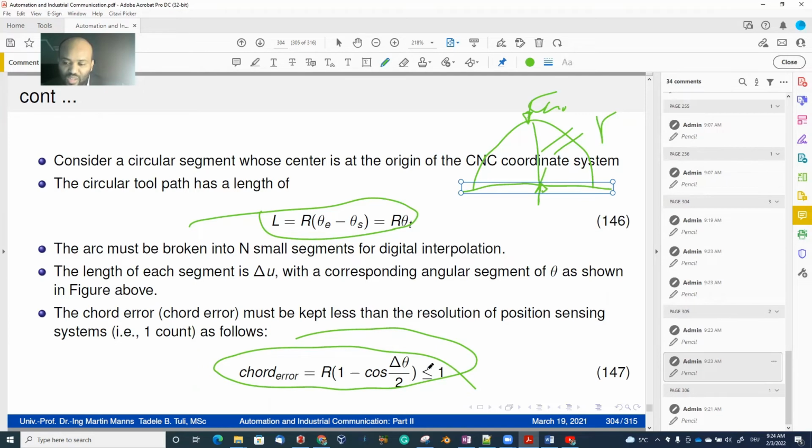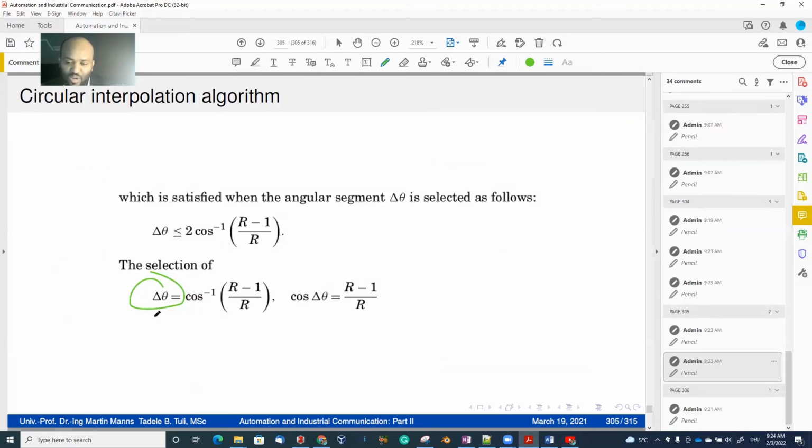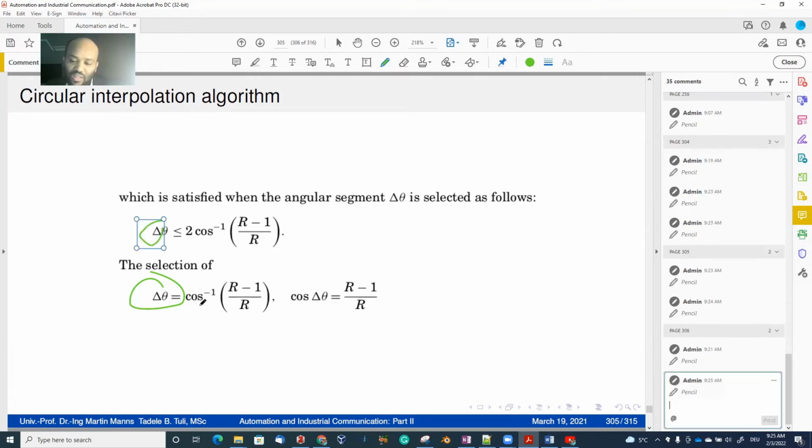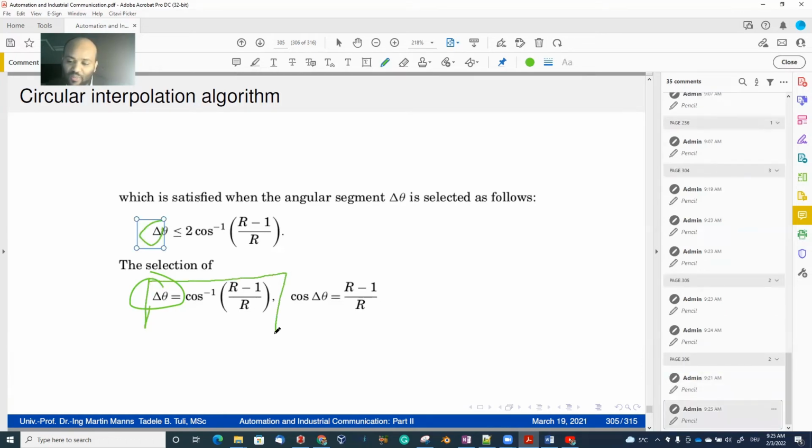Assuming this chord length is minimal, at least less than 1 unit, then delta theta can be derived. You remember delta x was calculated as x final minus x start divided by n.